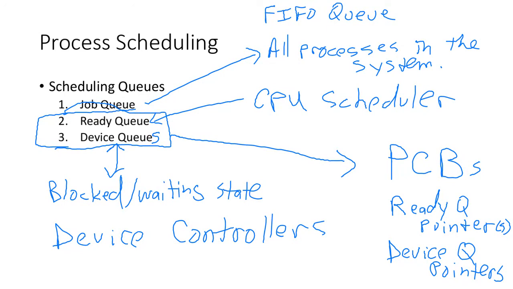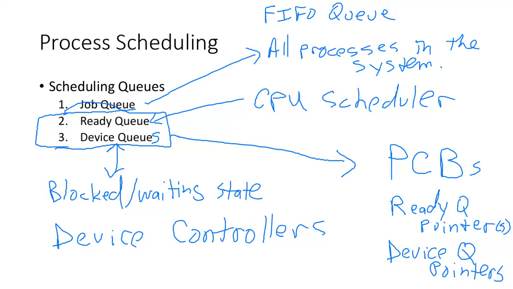Though, from my understanding, and I might not have remembered it correctly, the job queue for this course is not necessary to remember. But back when I took operating systems, there was batch processing, or an operating system that really only did batch processing jobs.